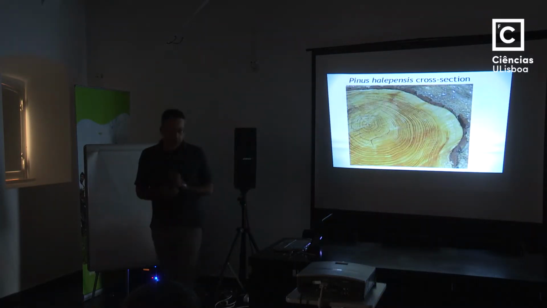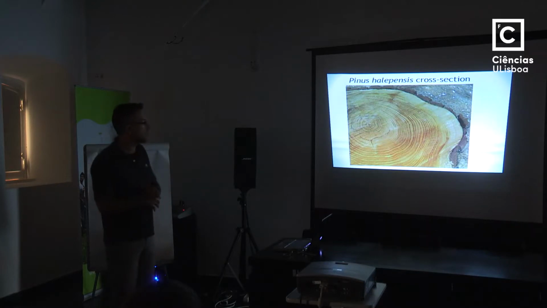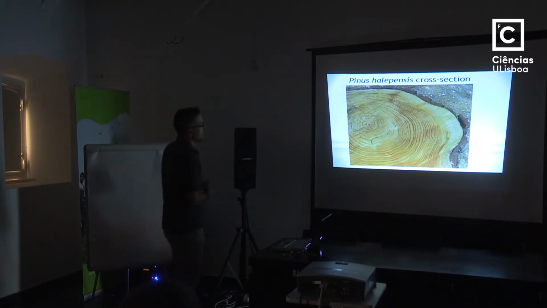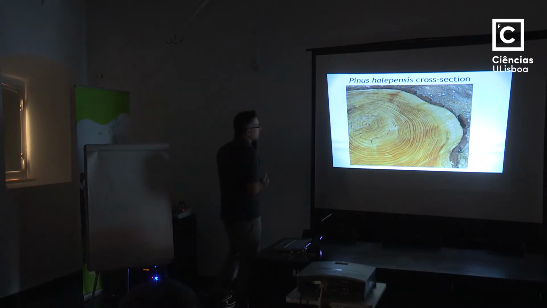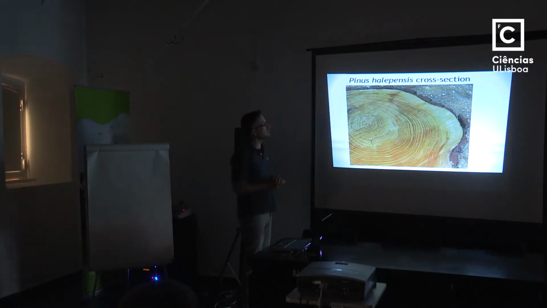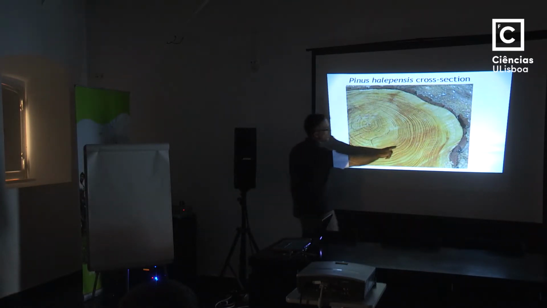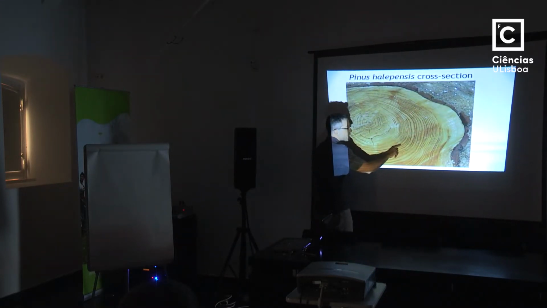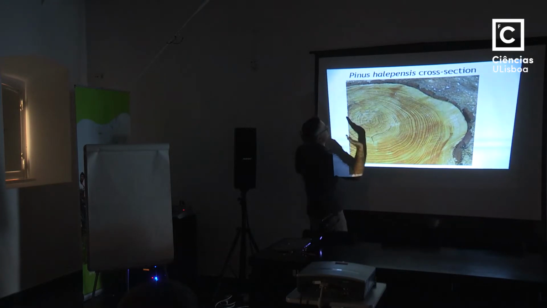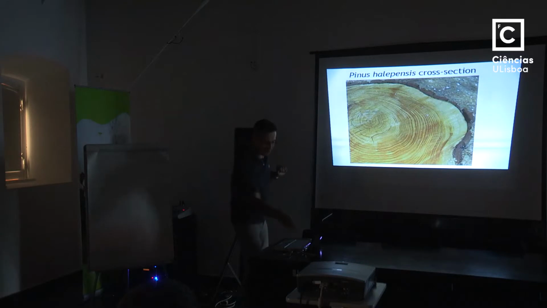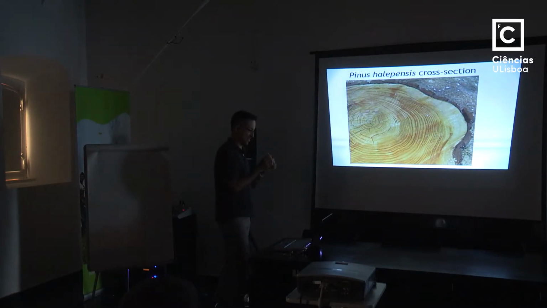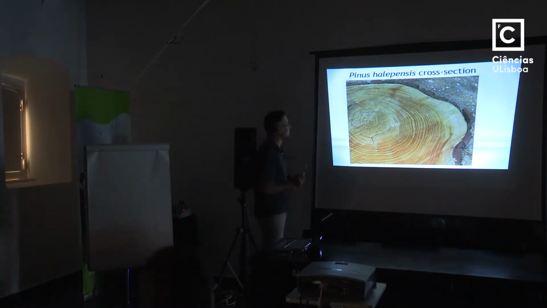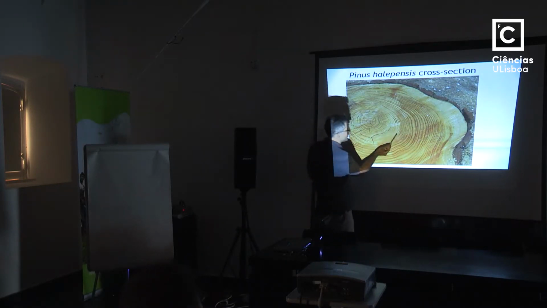Now, this is a cross-section. We talked about this yesterday. I showed you some cross-sections where we had the logs there. And you see the wide rings and the less wide rings. So this is productive, and this is less productive.